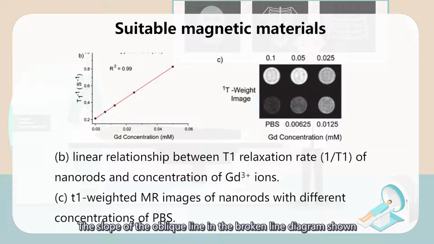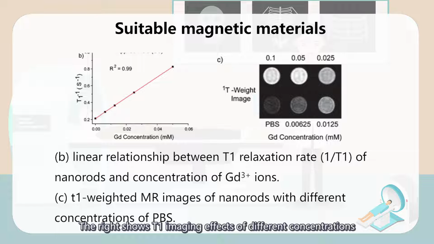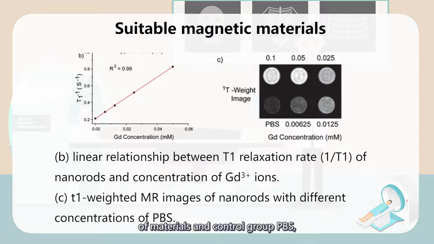The slope of the oblique line in the diagram shown is the gadolinium relaxation rate. The right shows the T1 imaging effects of different concentrations of the materials and the control group PBS. And we can see there is a good gradient effect.